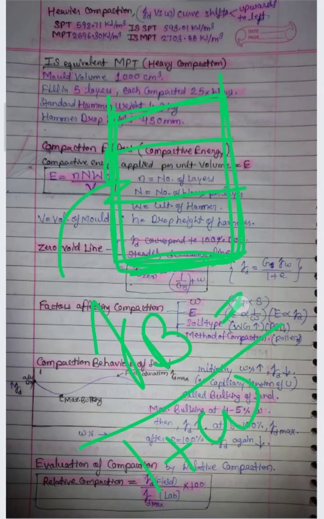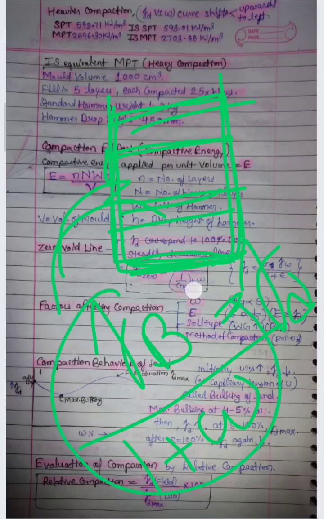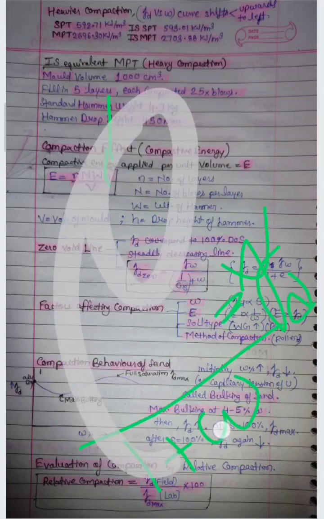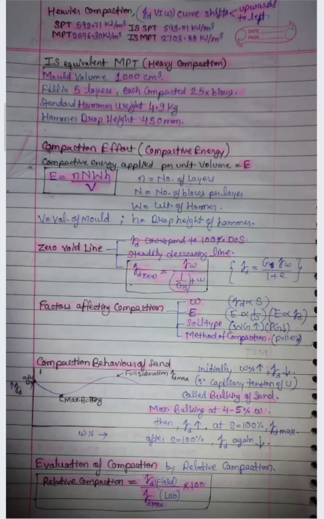So by this formula we get its dry unit weight. We change the moisture content, again we fill the mold in 3 layers or 5 layers, whatever is mentioned in the method. Then again we will use this formula, then again we'll receive the gamma D, then again we will change the moisture content, do the compaction, and again we'll find the gamma D. So by changing the moisture content we will keep finding the gamma D repeatedly to make a plot.